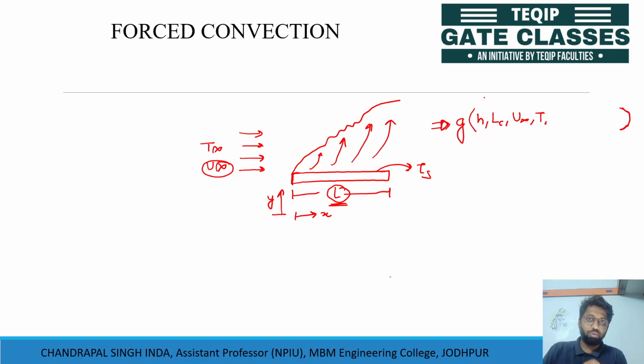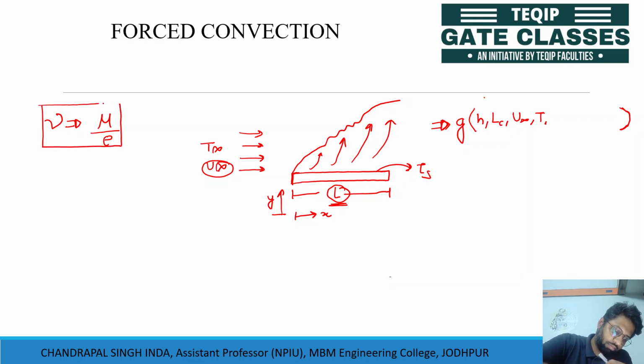The momentum distribution in the boundary layer is denoted by the kinematic viscosity nu, which is equal to the dynamic viscosity divided by density. So there are these two physical quantities also, which we can write in the function of forced convection.